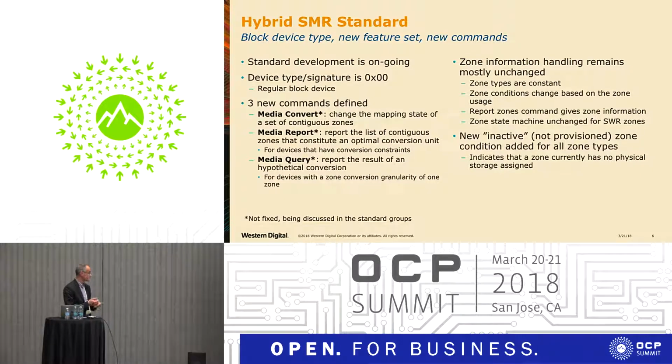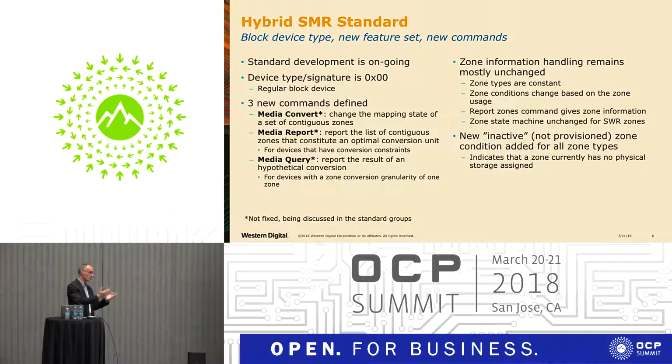Three new commands, two or three, this is still being discussed, are going to be defined for this new standard. One allows doing the conversion, here named media convert, though the name is not fixed. This command will allow doing the activation and inactivation of zones within the LBA spaces, and one or two commands will allow you to determine what zones can be activated or deactivated.